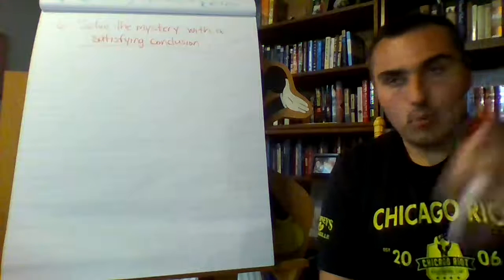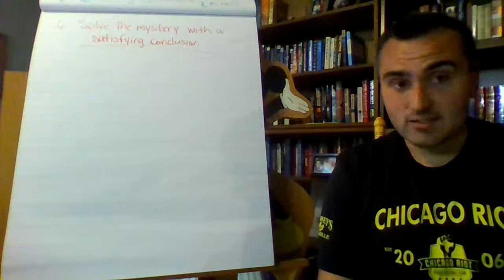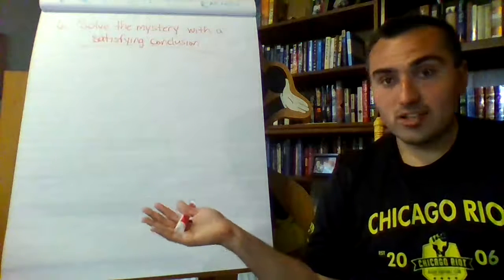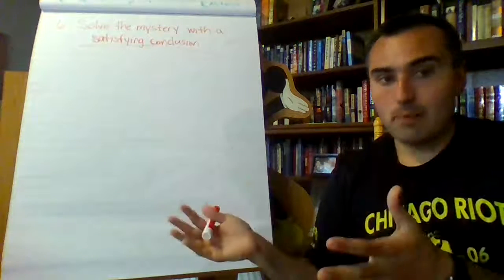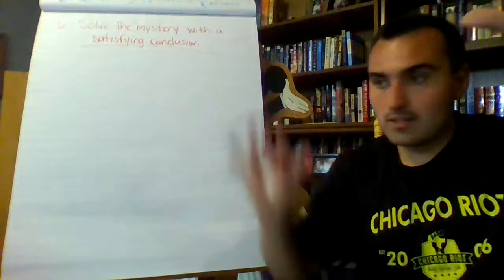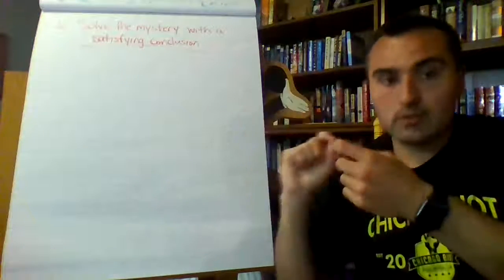So if your point A, your crime is that donuts got stolen, and your solution is that they found all the boxes of missing donuts. So that's your crime, that's your solution. But now you have to explain, well, who stole the donuts?